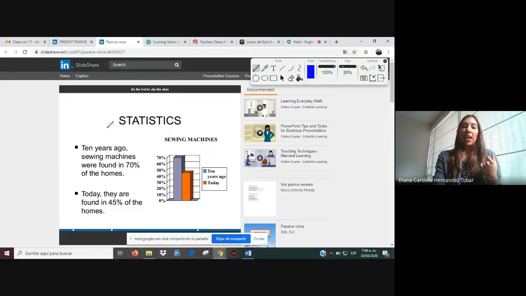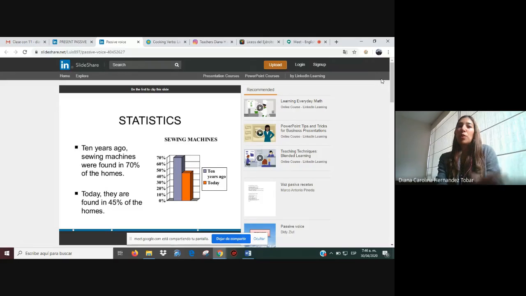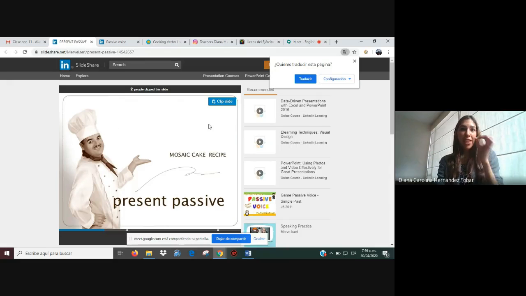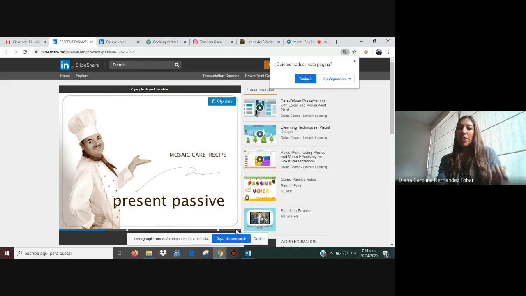So now I want you to take a look at these different cooking verbs. And why are we talking about cooking? Because the idea is that you are going to prepare or make a cake or buñuelos, whatever dish you really like. So it's important to take a look at this vocabulary, also to expand the range of vocabulary. So I am going to give you an example of how to use passive voice in a recipe.